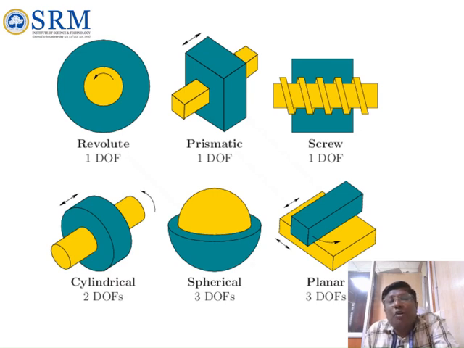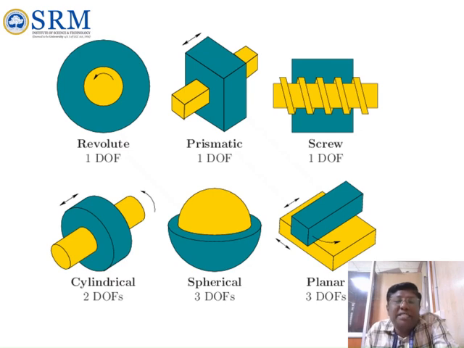And the screw type, due to the screwing action, this component will move up in a linear direction. This is also 1 degree of freedom, because while giving a rotation movement, it can move in a linear direction alone. In the cylindrical one, while giving a rotation, this portion can move up and down, as well as it can rotate also. So 2 degrees of freedom, cylindrical.